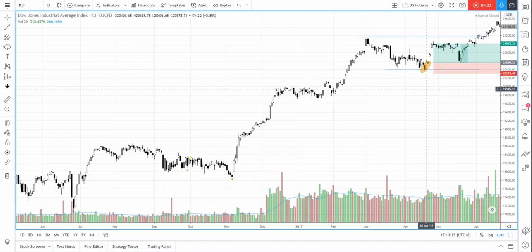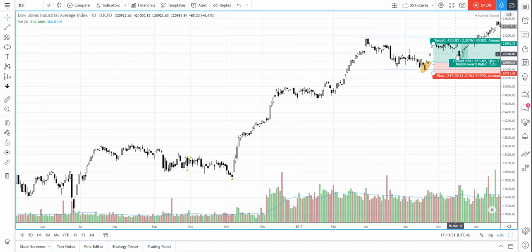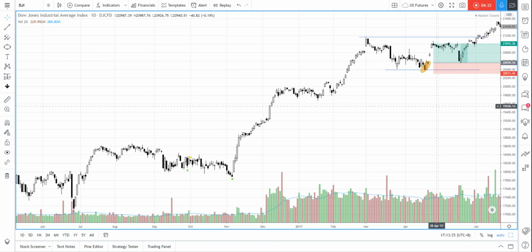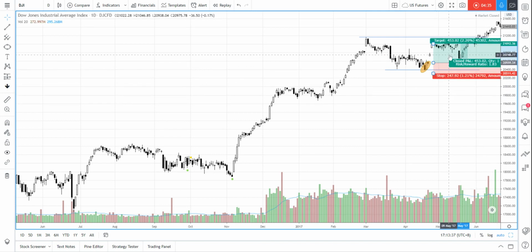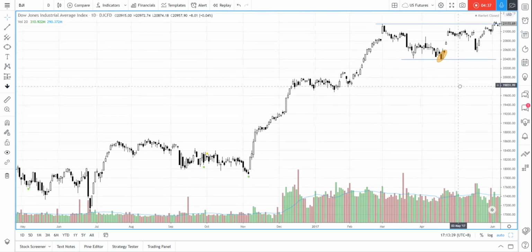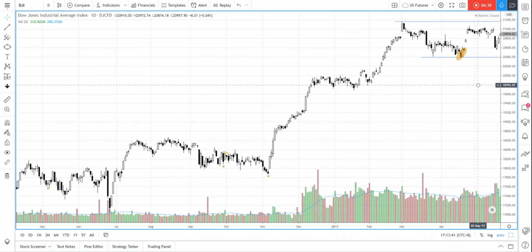So this is a good strategy, because we always have a great reward to risk ratio. This is the reason why we always aim to buy near the support and sell near the resistance.